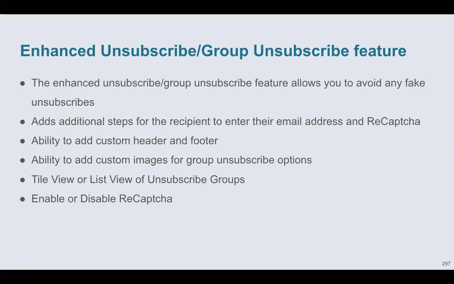When a recipient receives the email, they have to authenticate themselves, meaning they have to enter their email address and also complete a reCAPTCHA, a two-step process in just one page, so that they can identify themselves and unsubscribe from a specific group or completely from all the emails.